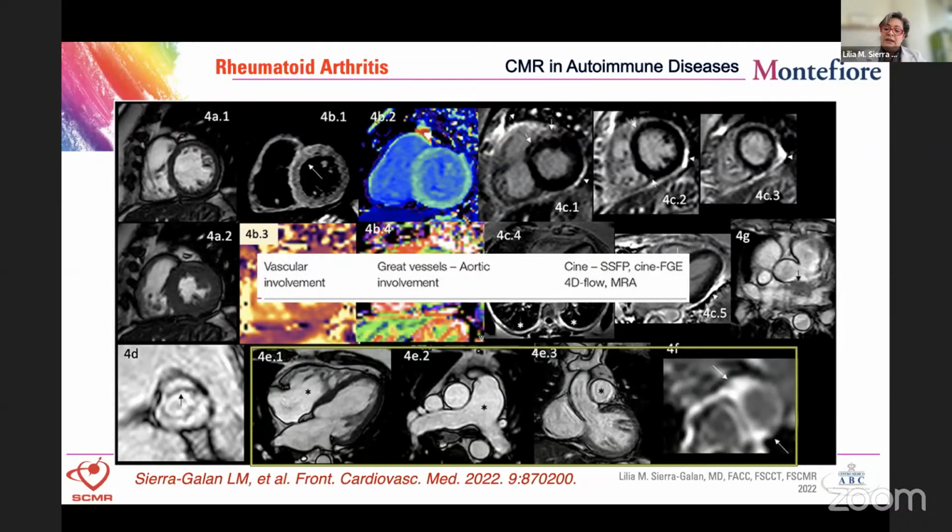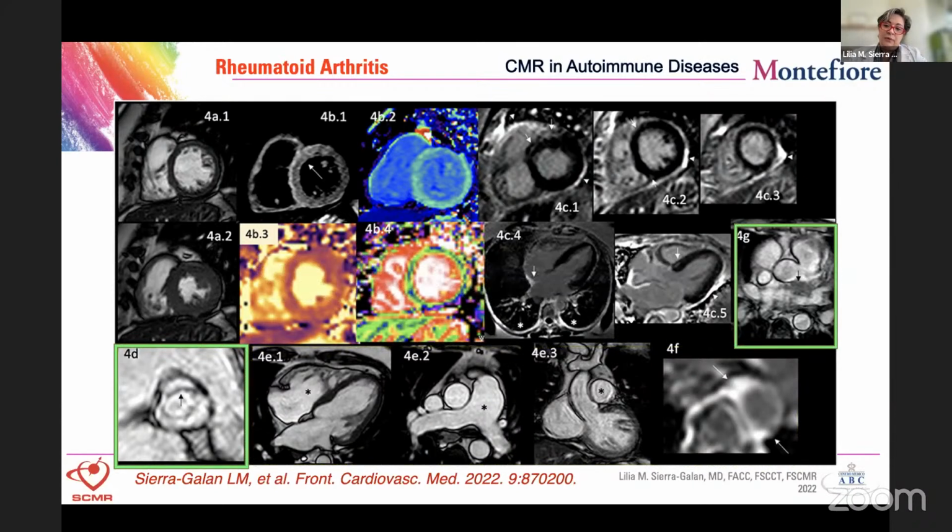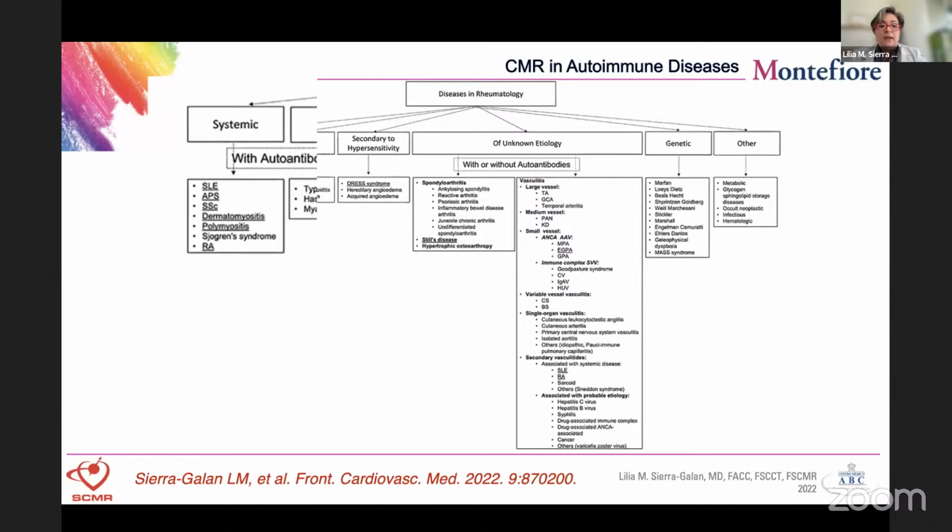And we see how hyperintense the aortic wall is. So these patients also have aortitis. So we can see different things, as I mentioned before, the valve thickening and extracardiac findings, as in this case. We see this mass, this granular tissue, which could be found in rheumatoid arthritis as well.